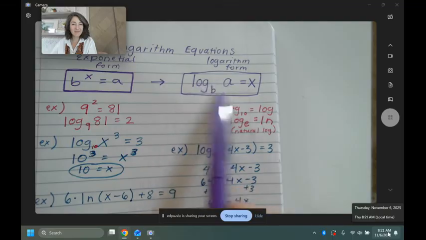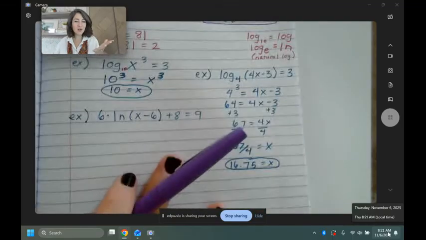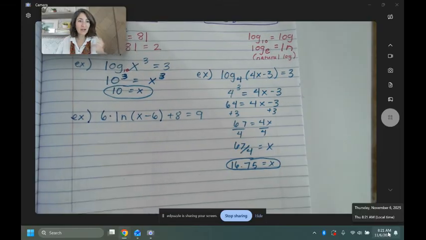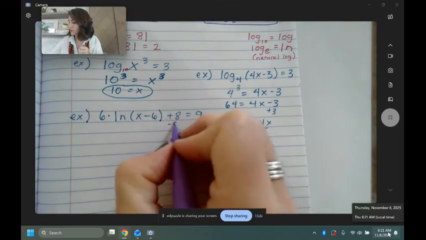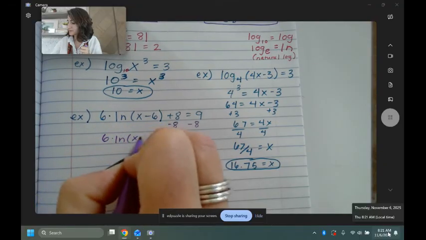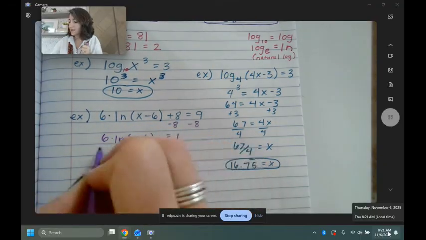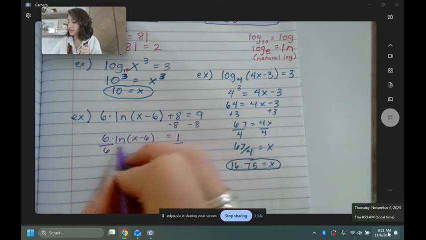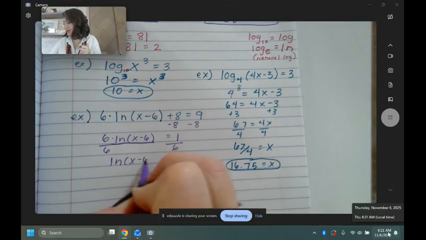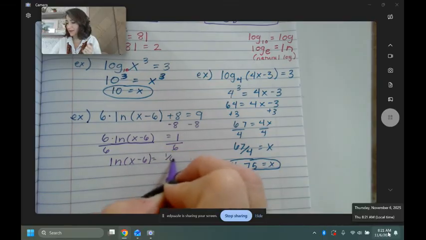The log is isolated. So we've got to get rid of that 8, and we've got to get rid of the 6. So let's first subtract 8 to both sides, and then divide by 6 both sides. So the natural log of x minus 6 equals 1/6.